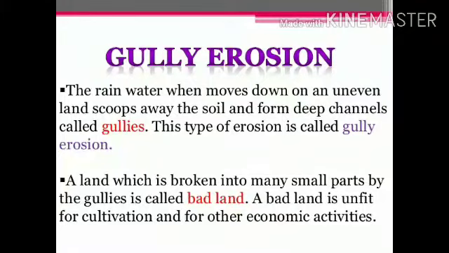Gully erosion. The rainwater, when it moves down an uneven landscape, cuts away the soil and forms deep channels called gullies. This type of erosion is called gully erosion. A land which is broken into many small parts by gullies is called badland. A badland is unfit for cultivation and for other economic activity.